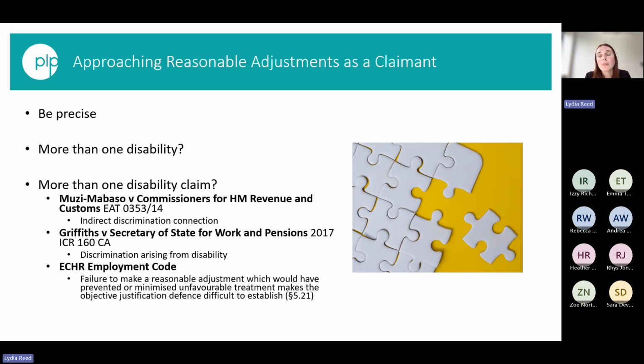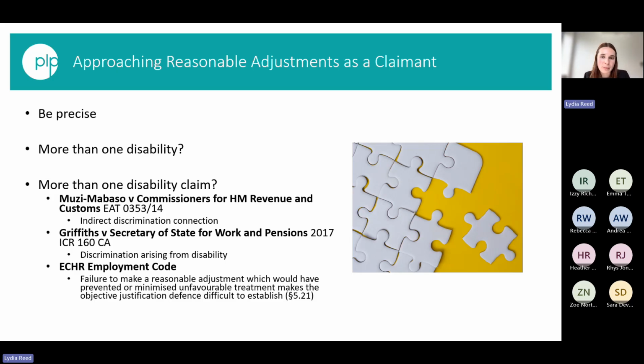So his example was part-time work, and he explained that there may be a breach of the duty to make reasonable adjustments if part-time work, as the reasonable adjustment, was refused, and then the dismissal was likely to be unfavourable treatment for the Section 15 claim. So they certainly can run together.